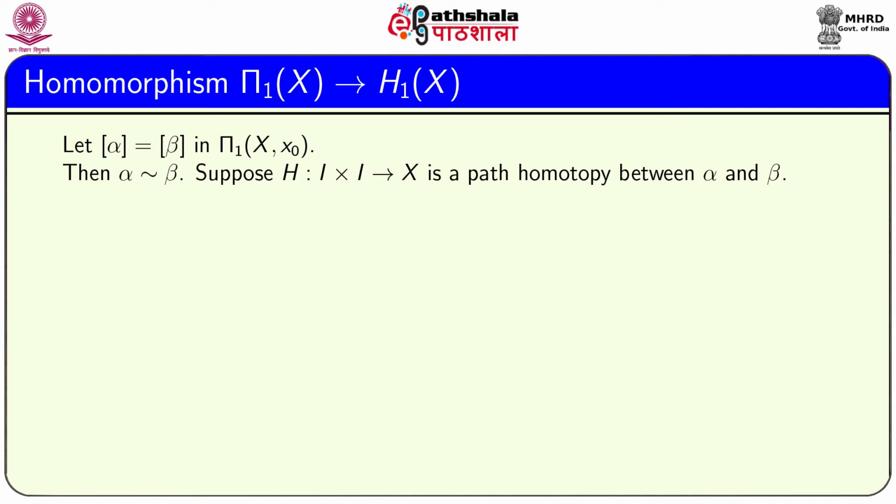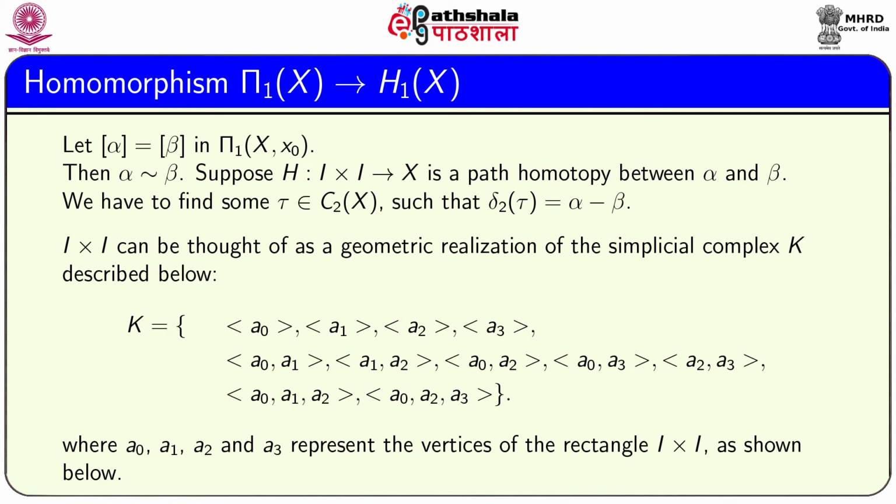Then alpha is path homotopic to beta based at x0. Suppose capital H is a path homotopy between this alpha and beta. We have to find some tau from C2(X) such that delta 2 tau is equal to alpha minus beta.